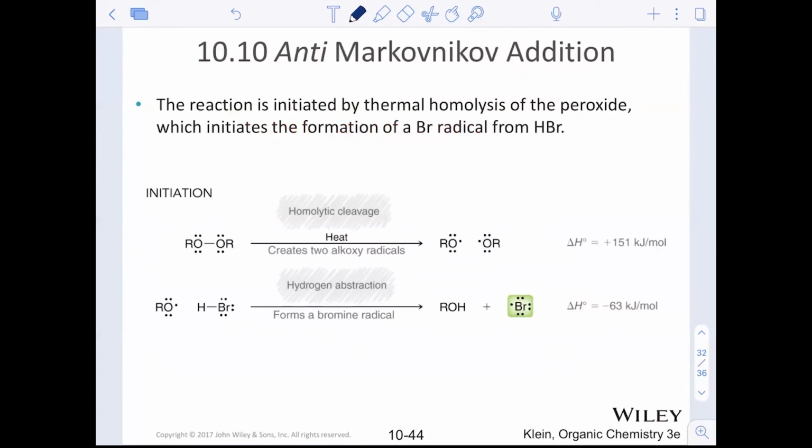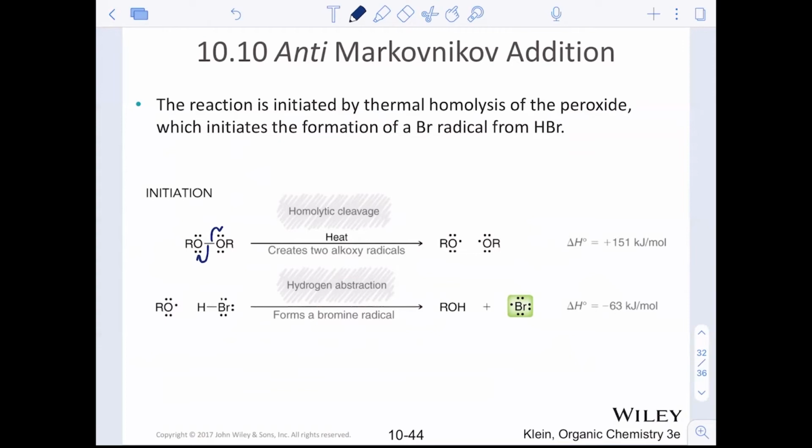Let's dive into the initiation. The reaction is initiated by thermal homolysis, which is just going to be the peroxide originally splitting homolytically. We'll see that peroxide bond is going to break, one electron on each side.